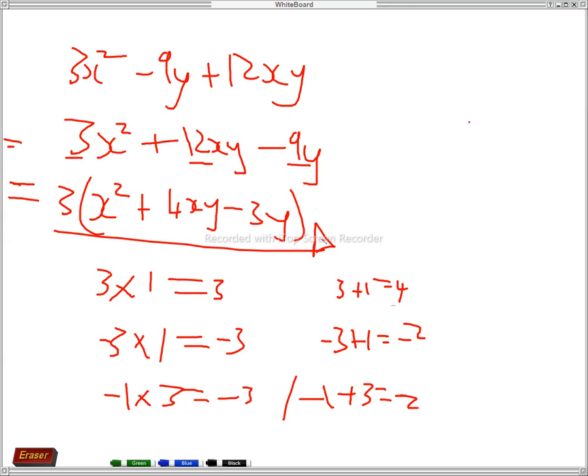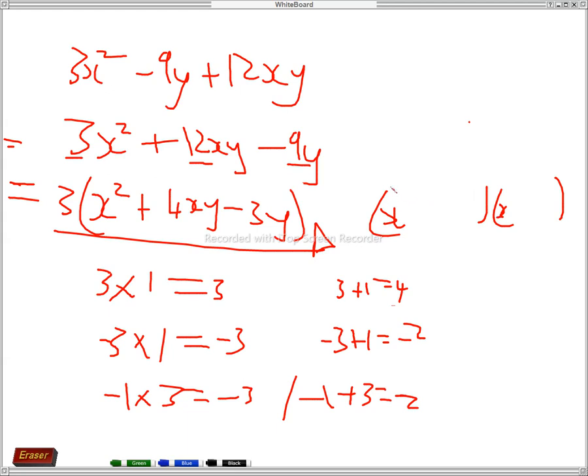Okay, let me just try to emphasize what I was doing here. For factorizing this, I should have two brackets, with x on this side and x on the other side. Most of the students know that.